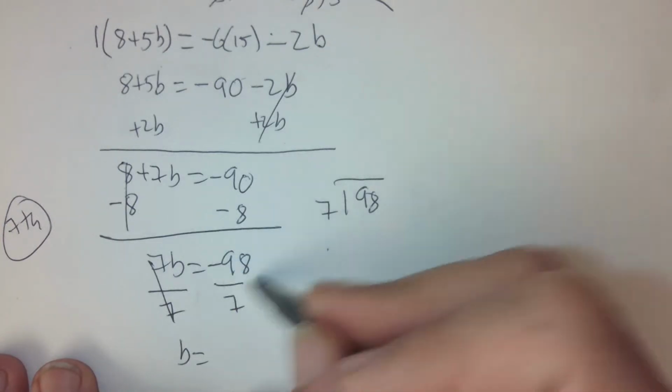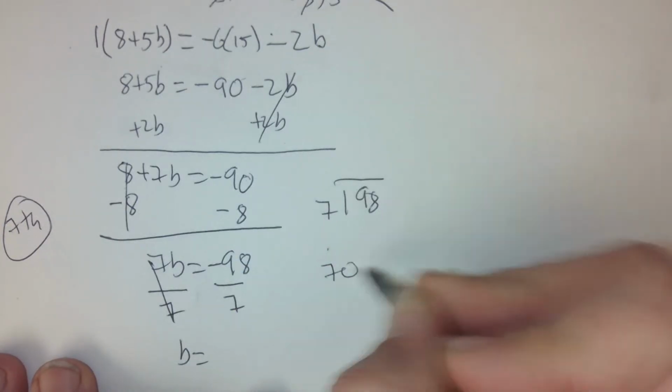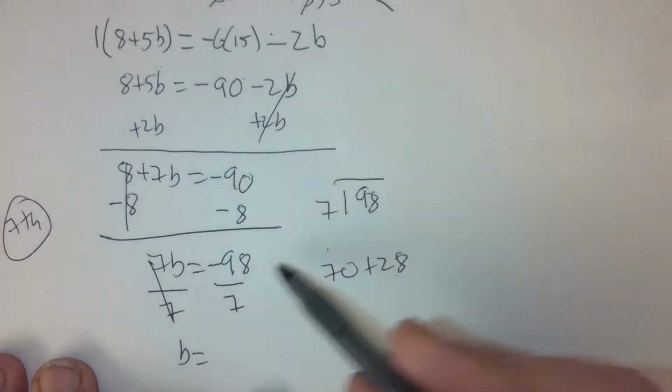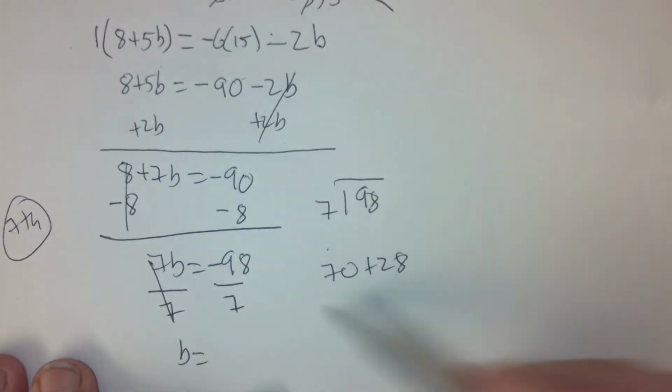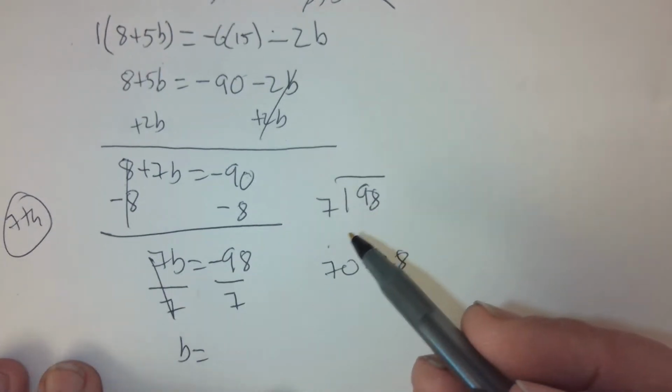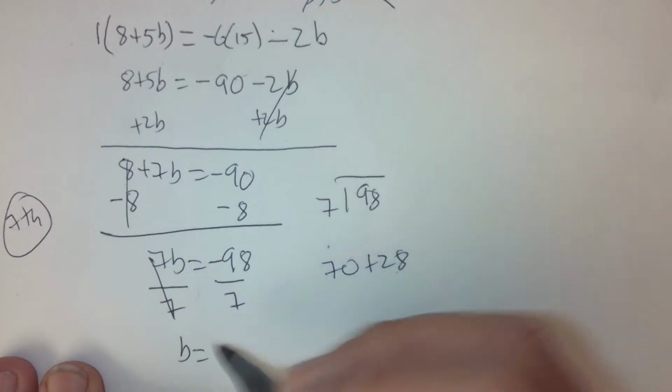I know that 98 is the same thing as 70 plus 28. 7 goes into 70 10 times. And 7 times 4 is 28. So yes, it does divide. I'm just using what I call mental math. Okay? Negative divided by positive is negative.